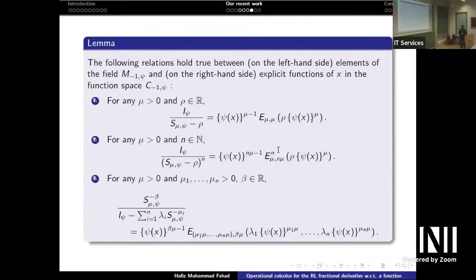Next, we have an important lemma, which is very helpful in solving fractional differential equations in the generalized setting, I mean fractional differential equations defined in the setting of Riemann Liouville fractional derivatives with respect to functions. This lemma says the relations given in 1, 2, and 3 hold true between elements of the field M -1 psi and explicit functions of x in the function space, that is our ring C -1 psi.